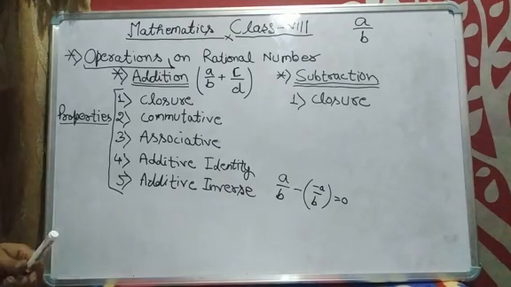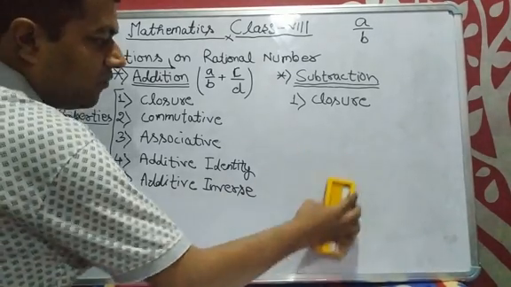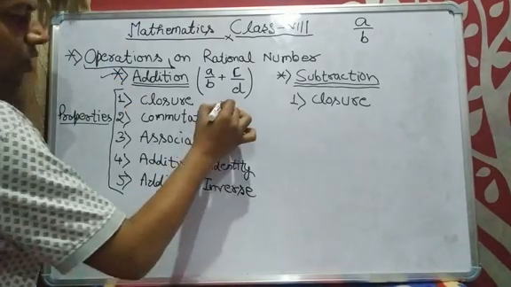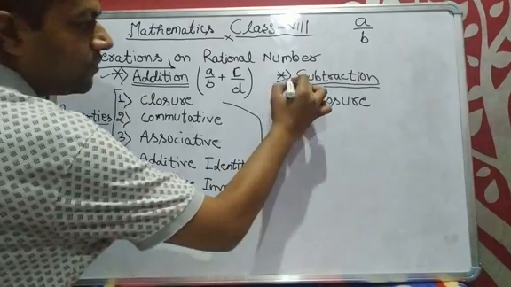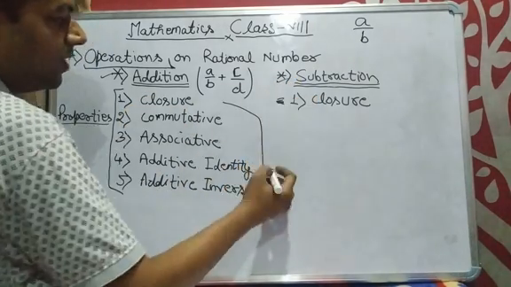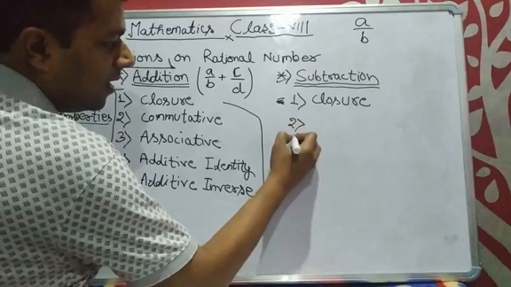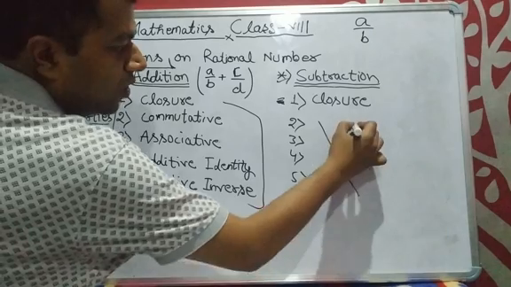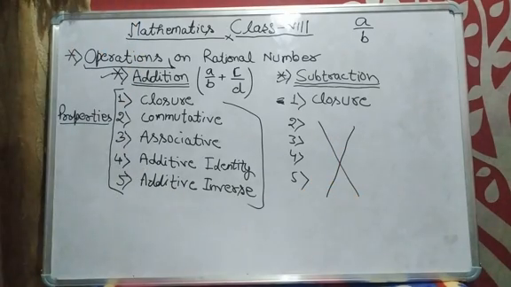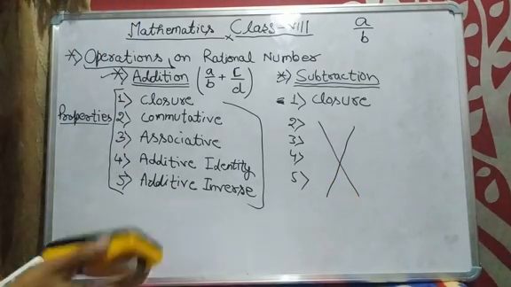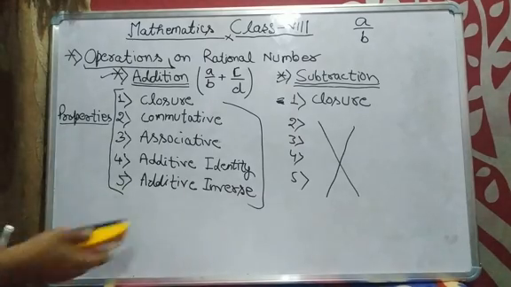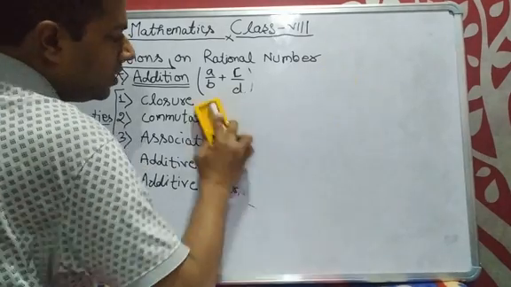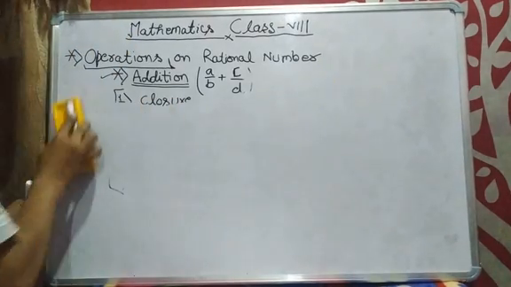So dear students, there are mainly 5 properties to study. For addition, all 5 are applicable. For subtraction, only one is applicable; the second, third, fourth and fifth are not. I hope the concept is clear to you. If any doubt, we will discuss it in our class as usual.